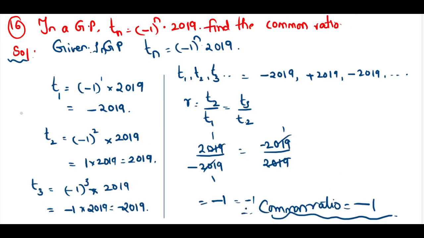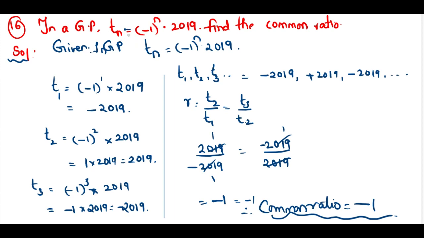In a GP, the nth term is given as minus 1 whole to the power of n into 2019. Find the common ratio. So, we will identify what is given. Let us read the question once again. In a GP, Tn means nth term. It can be Tn or An, anything, this is just the name.